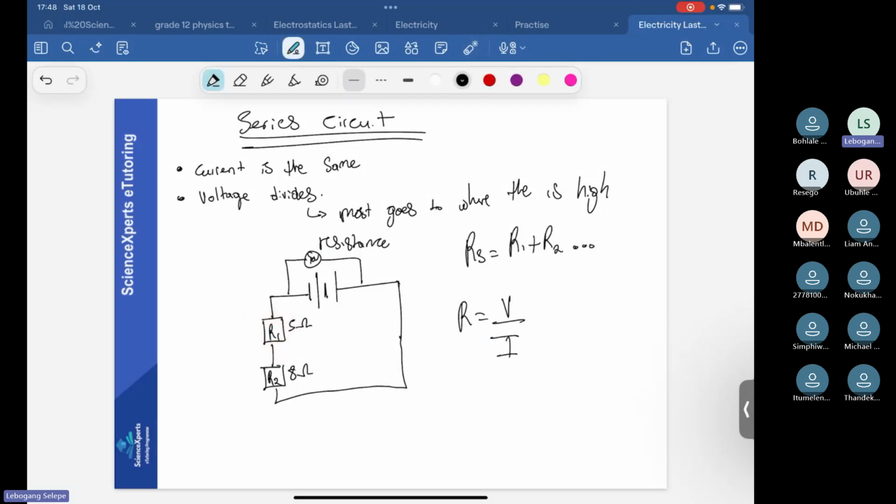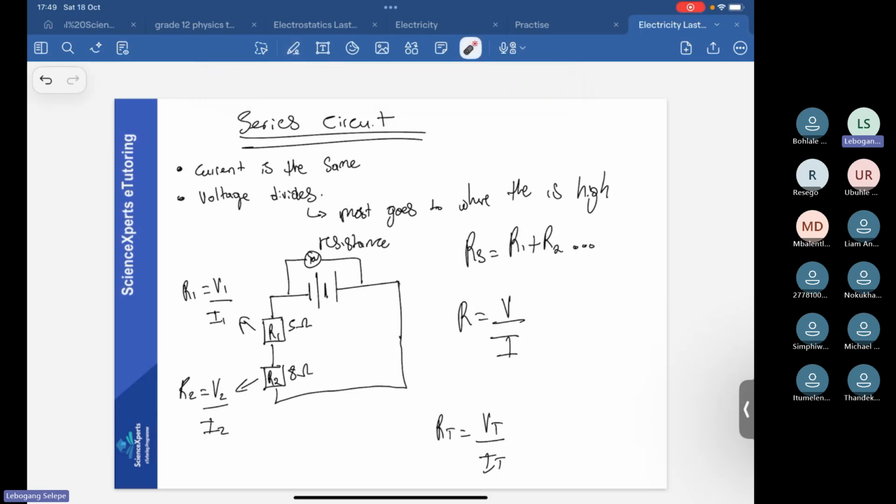So R1 equals V1 over I1. Similarly, R2 equals V2 over I2. If I want to calculate the total resistance using Ohm's law, R total equals the total voltage over the total current.